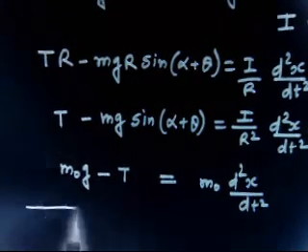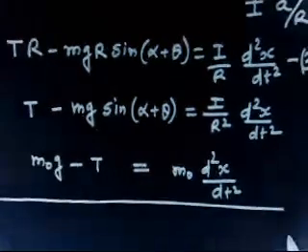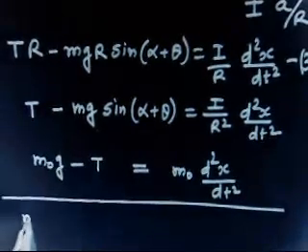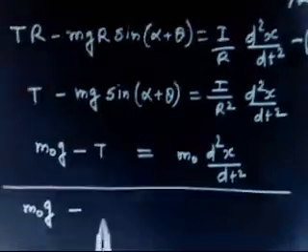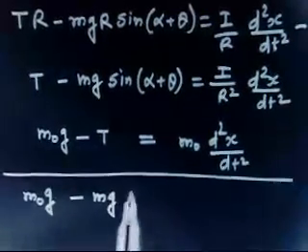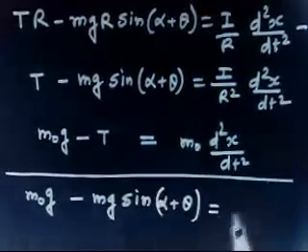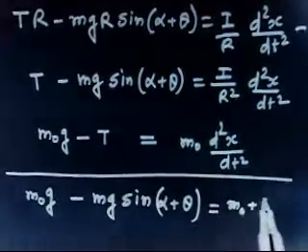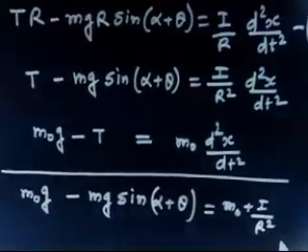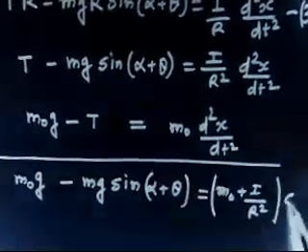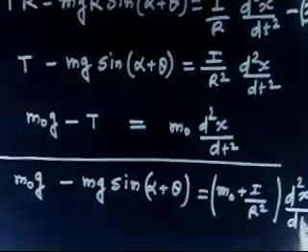Now if you add these two equations, T goes out, so we'll have m₀g minus mg sin(α+θ) is equal to (m₀ + I/r²) d²x/dt².